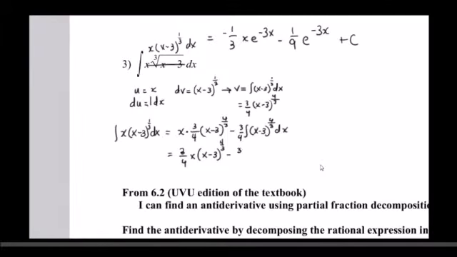So we have this 3/4 as a coefficient, and then x minus 3 to the 7/3, which means we're going to multiply by 3/7. And then I think we can finish it up. 3/4 times 3/7 is 9/28.